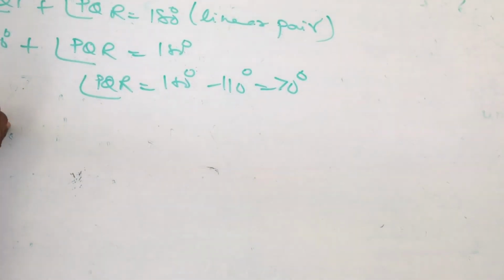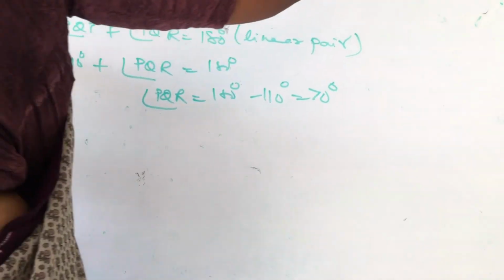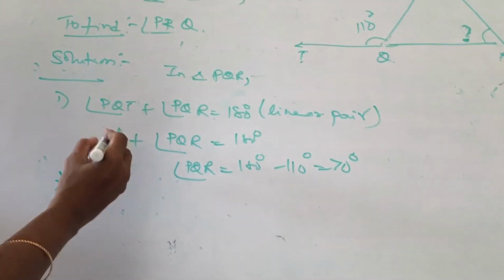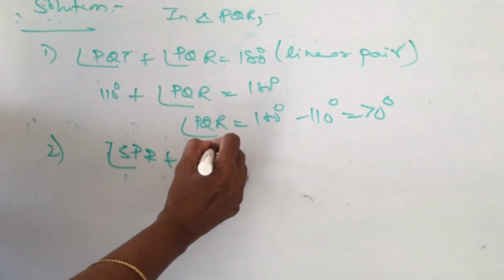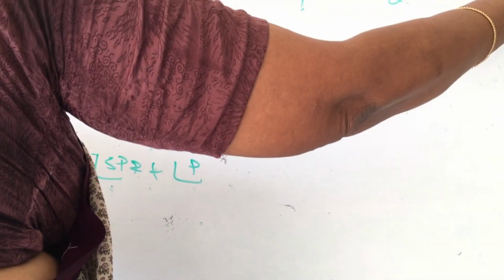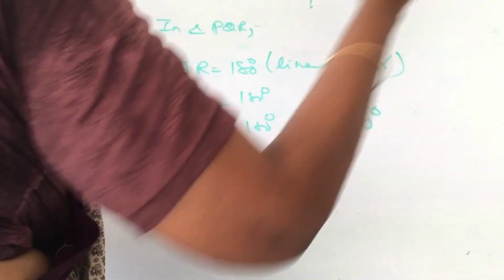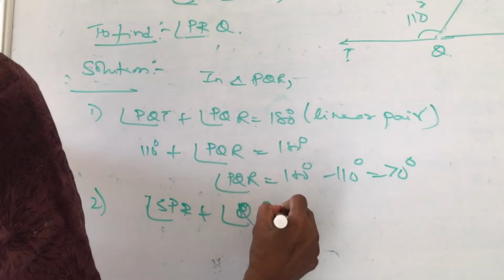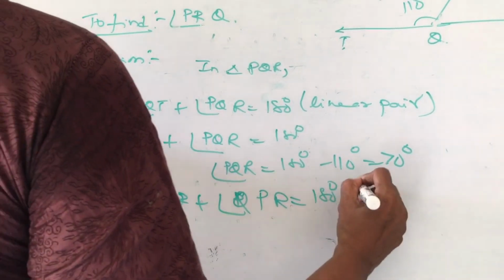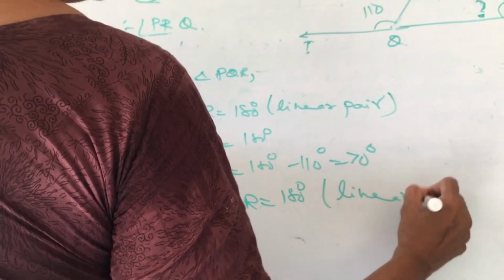Second one, angle SPR plus angle QPR is equal to 180 degrees. Reason? Linear pair.